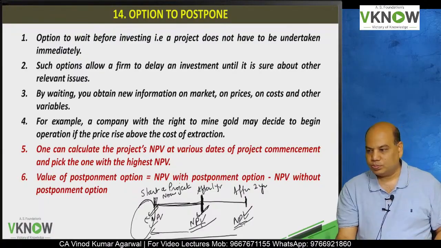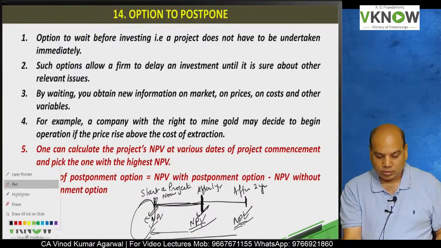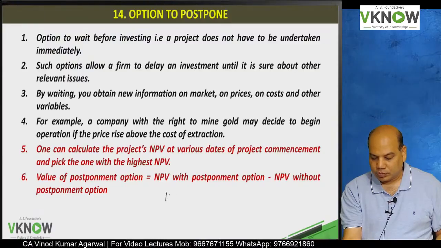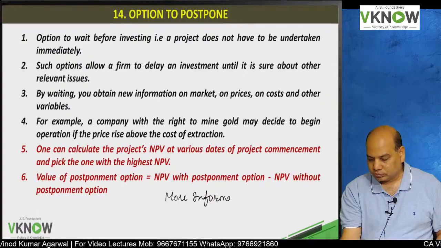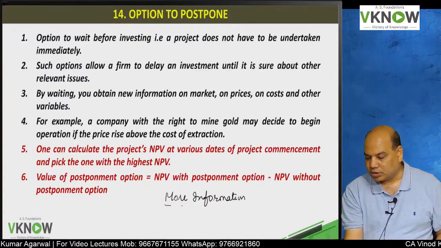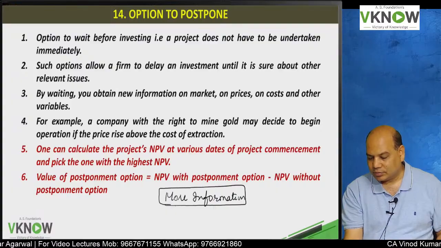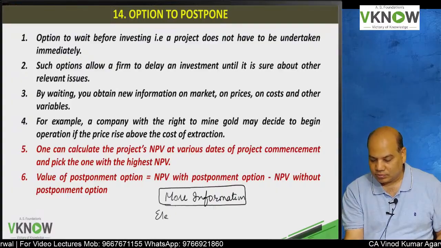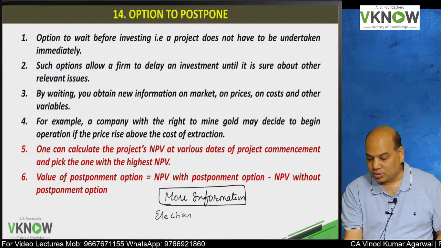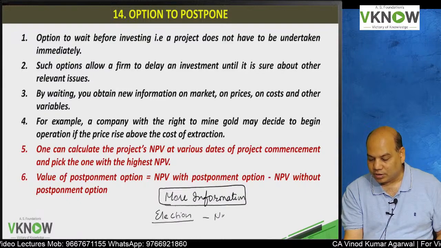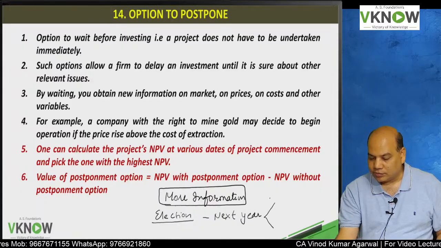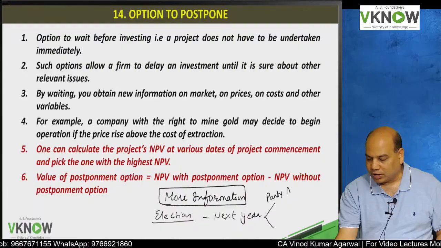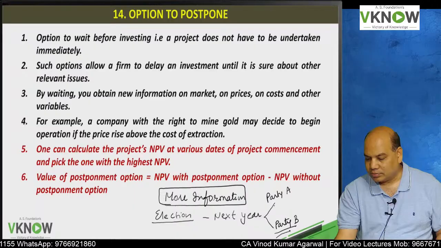Why do we need to postpone? The reason is sometimes we need more information. If I get more information, I will have clarity. Like for example, election. Suppose an election is going to take place next year, and there are two possibilities. Party A can come to power, or Party B can come to power.